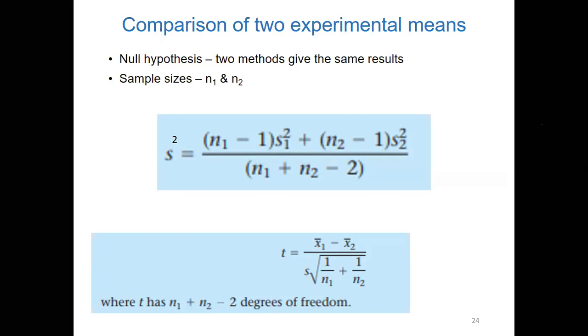Suppose N1 equals 5 and N2 equals 10. Now the degree of freedom is N1 plus N2, 15, minus 2, so the degree of freedom is 13. That is how we calculate the degree of freedom here.